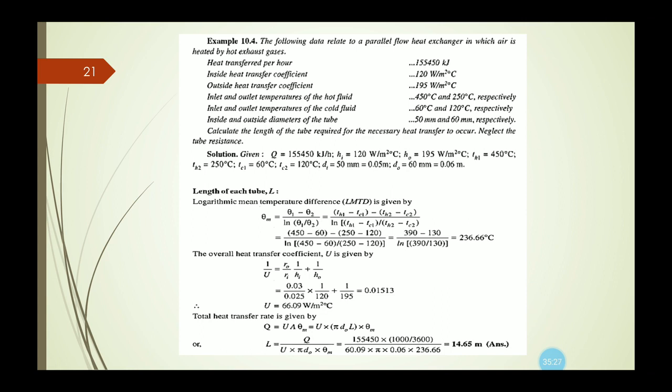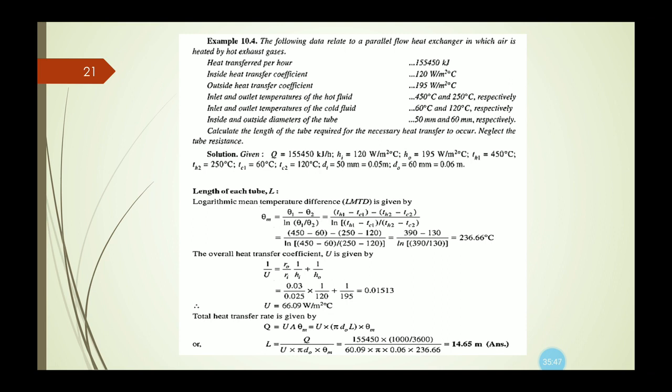The following data relate to a parallel flow heat exchanger in which air is heated by hot exhaust gases. The heat transfer per hour is given as 1,55,450 kilojoule.